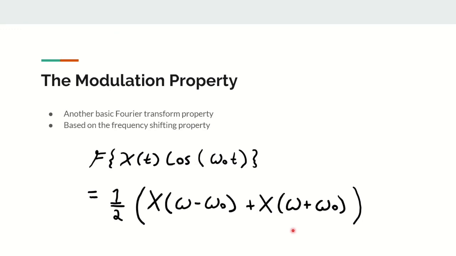Our modulation property is going to be based on multiplying by the cosine. So as you can see here, this is the Fourier transform of a modulated signal. In this case, x of t would be our message signal, and our cosine would be the signal that we are modulating with, or the carrier signal.